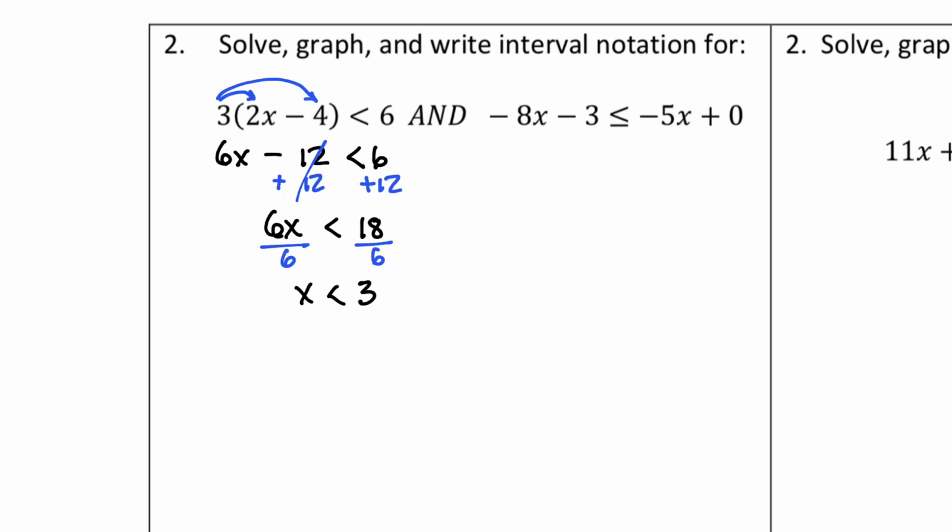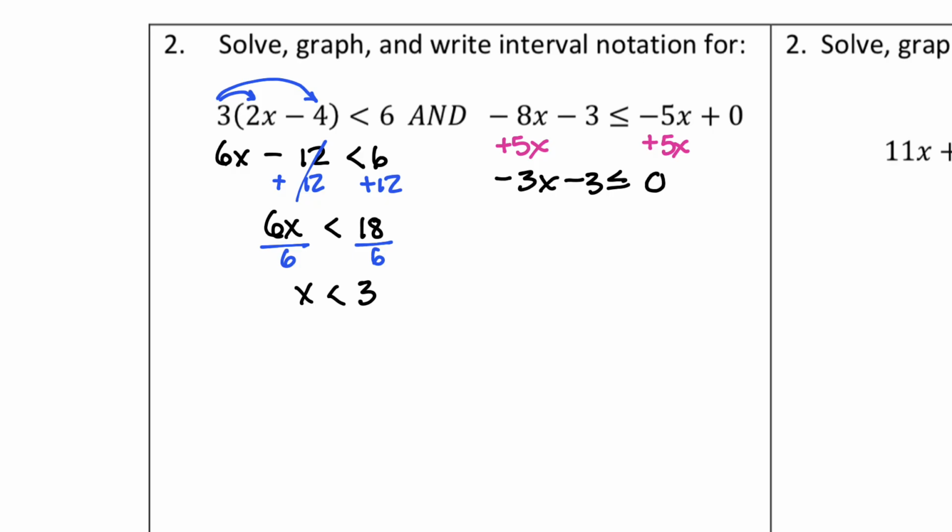Okay, other side. We have variables on both sides, so I'm going to get them on one side. I get a kick out of this problem because there's no reason why they should have written 0 right here. If you add 0 to anything, it's just what you started with. 0 is extra.